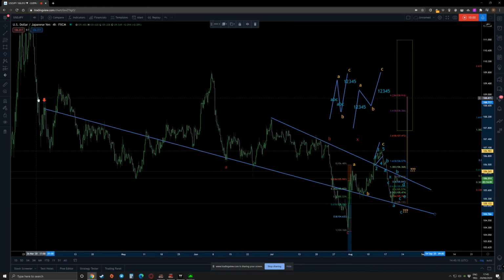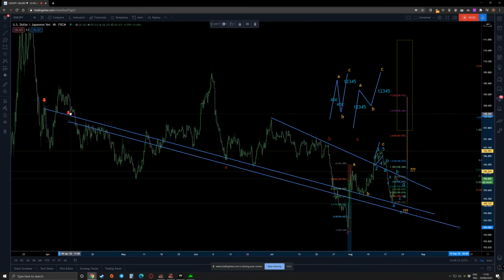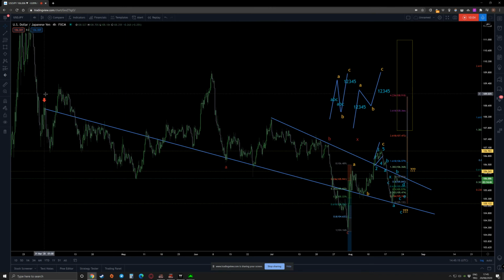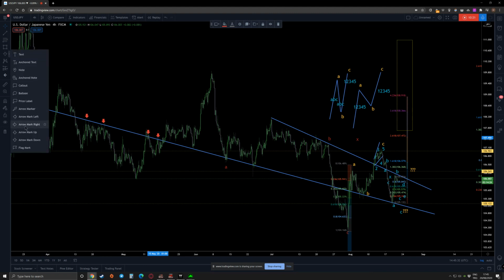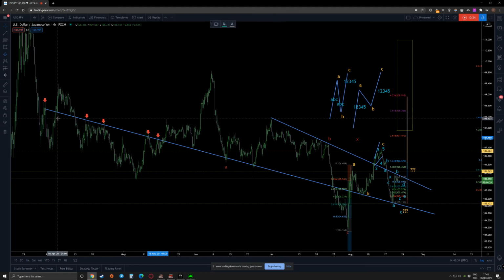But look how this trend line acted. Before, look here, it's rejected. All of this move is rejected. It was a fake break here, but then it rejected again. Here again, and then it did turn into support many times.